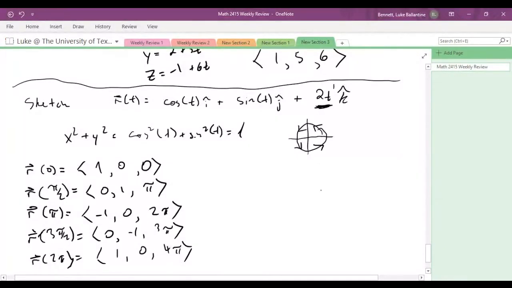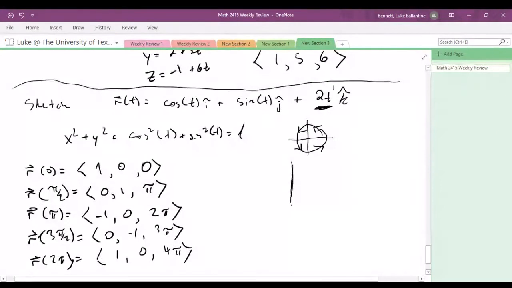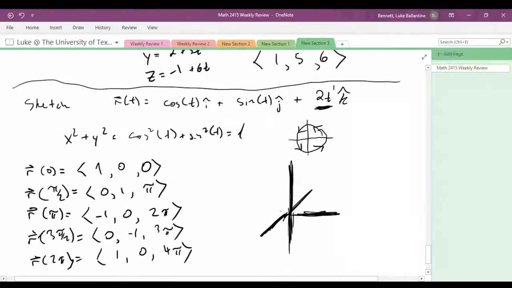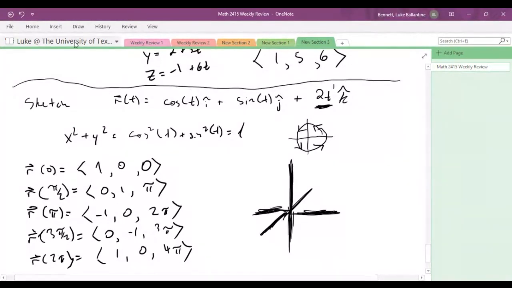Okay. So now we got a sketch. These have direction to them because you can look at t as time.